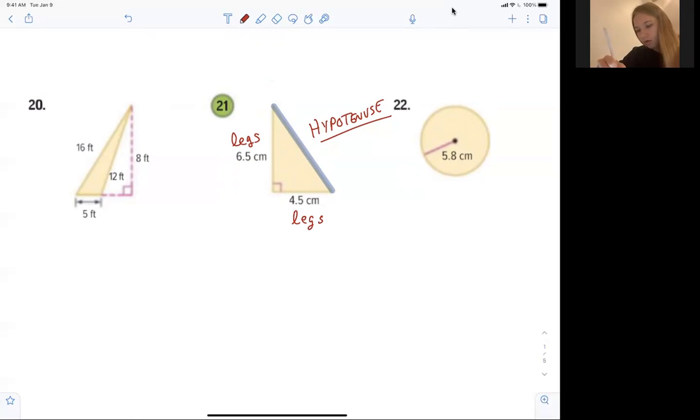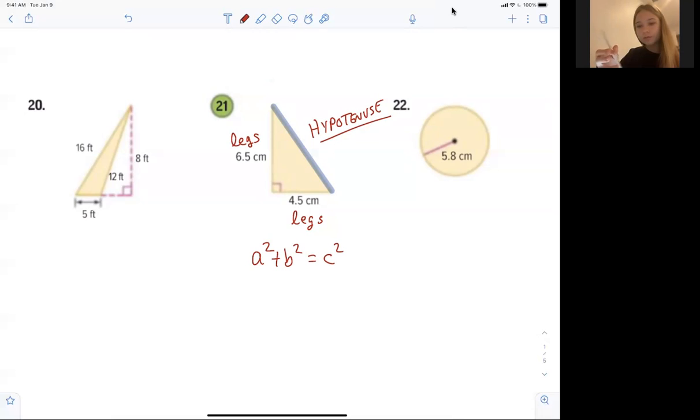Harrison, tell me the formula. Yes, a squared plus b squared equals c squared, because we're trying to find the hypotenuse, which is c. Of course, we're not using our calculators right now. We're going to give them a little rest. Make sure you're good with your mental math.